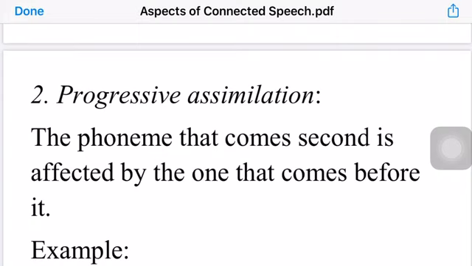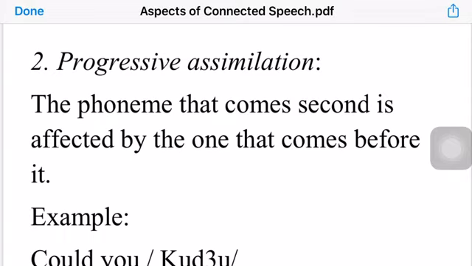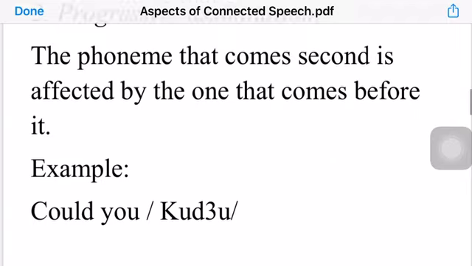The other type, which is called progressive assimilation, is the opposite of regressive assimilation. Progressive means تقدمي. So the change moves from the first one onward to the second one. So progressive assimilation takes place when a phoneme that comes second is affected by the one that comes before it, as I'll explain in this example.